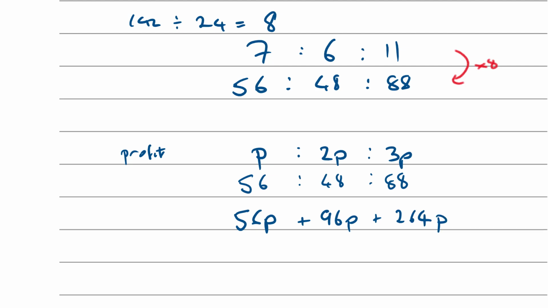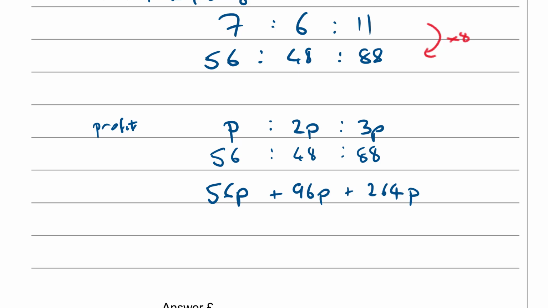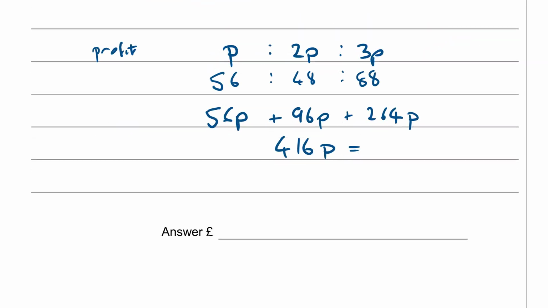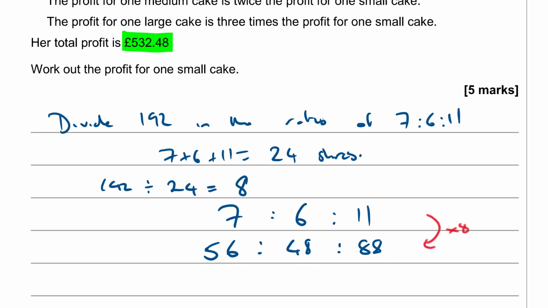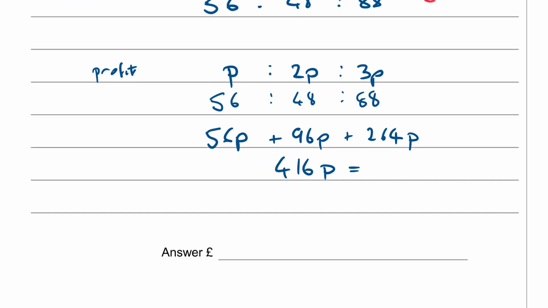So how many p's is that then? 56 plus 96 plus 264. That gives me 416p. And I know the total profit was £532.48.